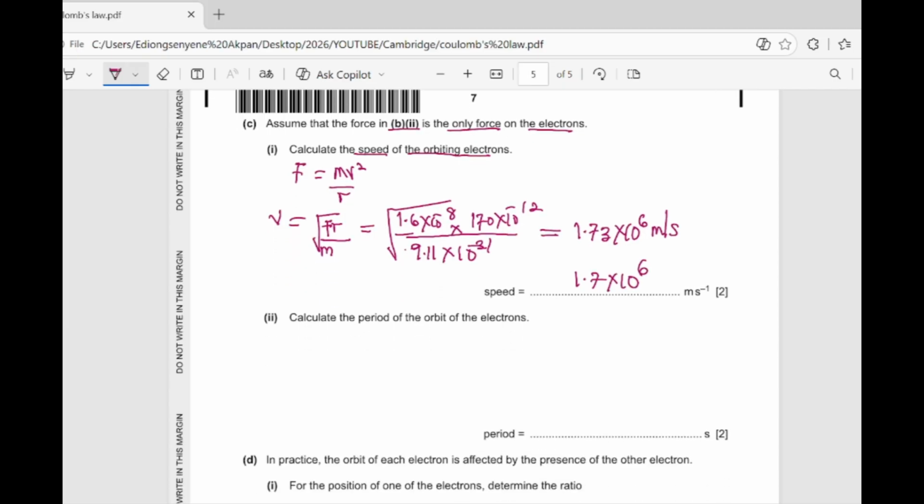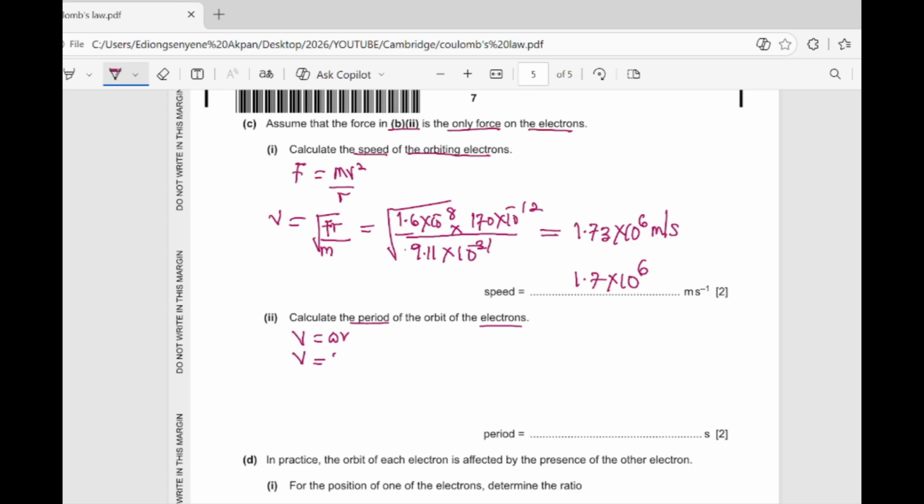The next question: calculate the period of the orbit of the electrons. Having calculated the speed, we can use that to calculate the period. V equals omega r. You can remember that.